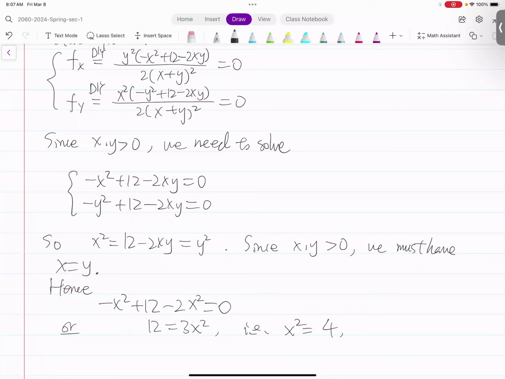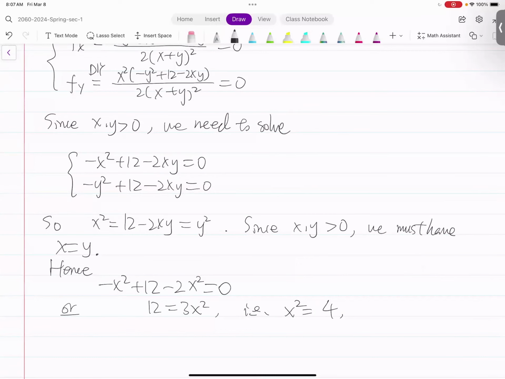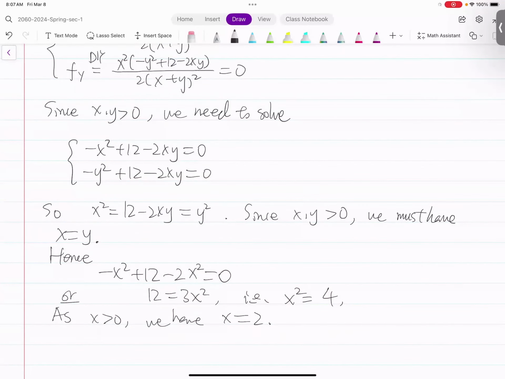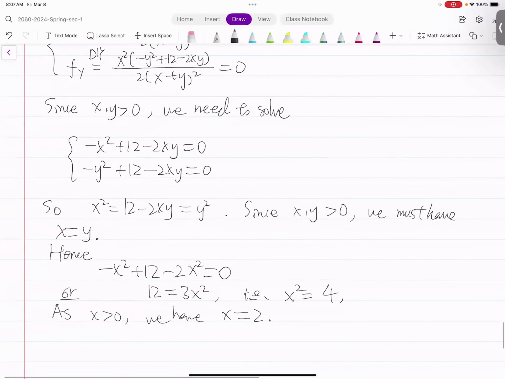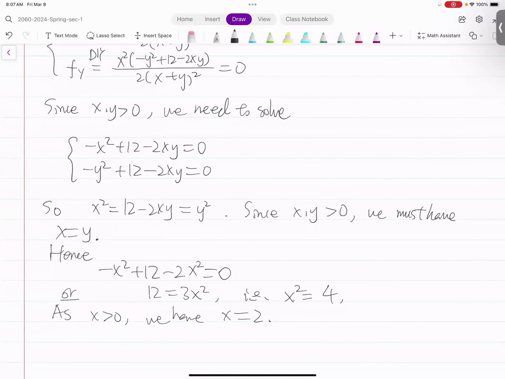And also, we want the positive values, so as x is positive, x must be 2. All right, so here we reach the only solution that has positive xy values.